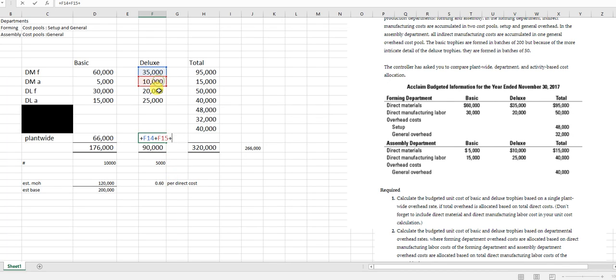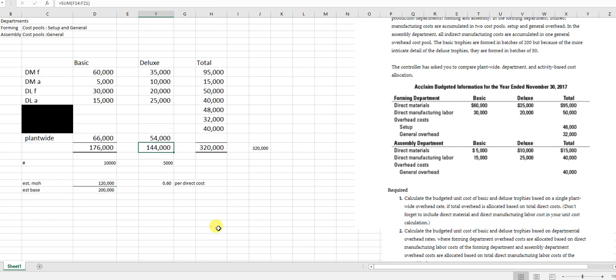So they have these 4 direct costs, and again I need to make sure I do my math right. So I'm going to take it times 60 cents. And that just means I don't have the cell wide enough. 144,000. So voila. Notice this is 320,000, etc.